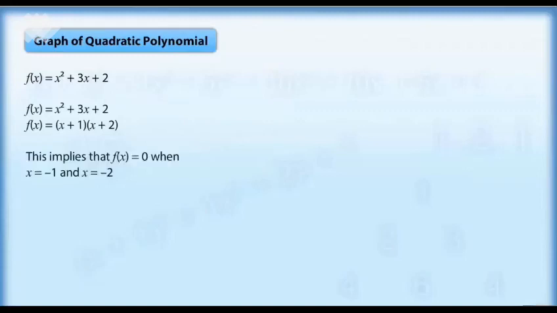Let us see another graph of a quadratic polynomial. f(x) = x² + 3x + 2 is a quadratic polynomial of degree 2. f(x) = (x + 1) multiplied by (x + 2). This implies that f(x) = 0 when x = -1 and x = -2.